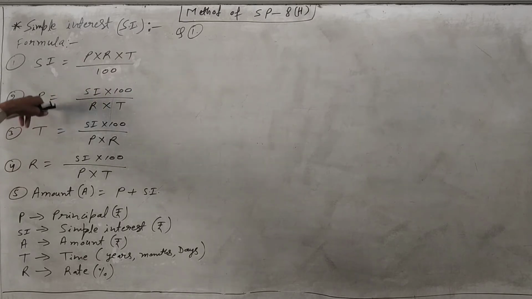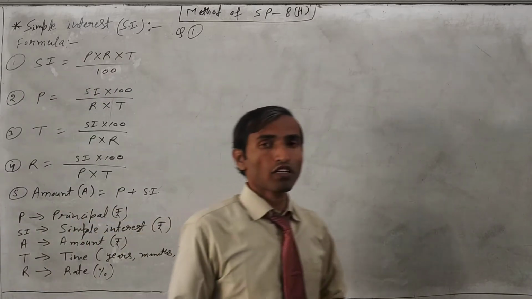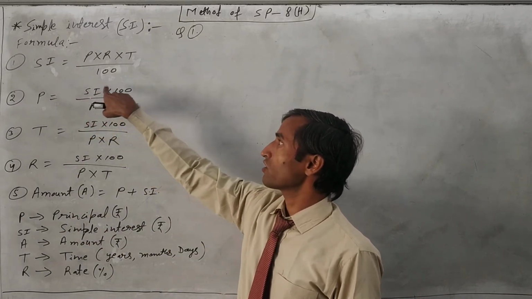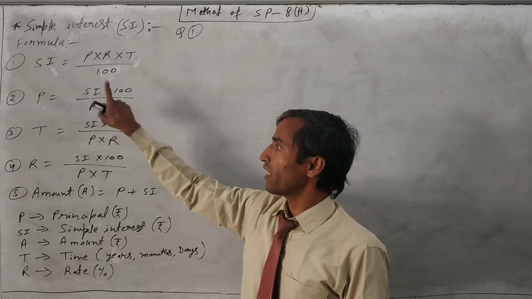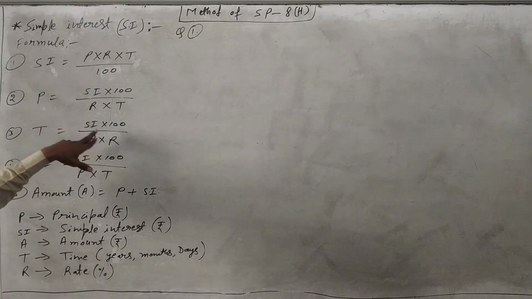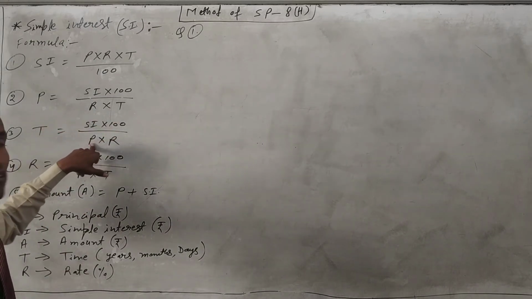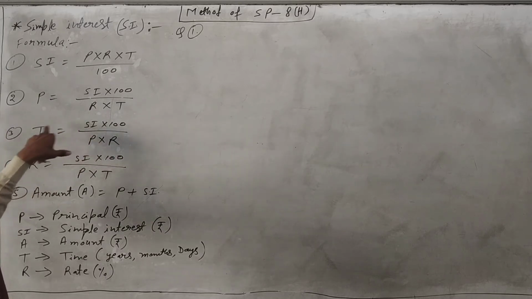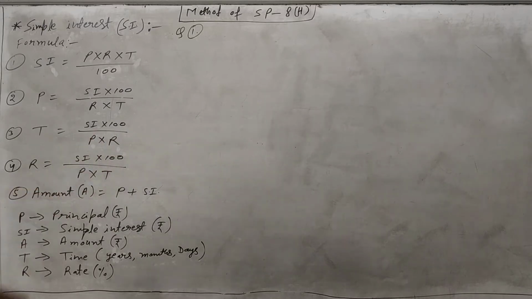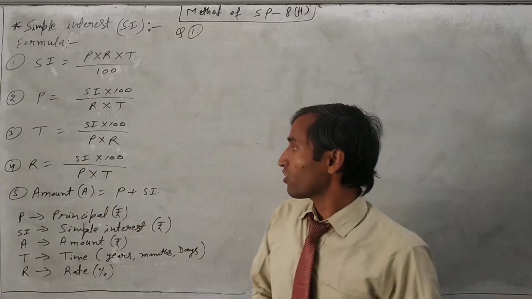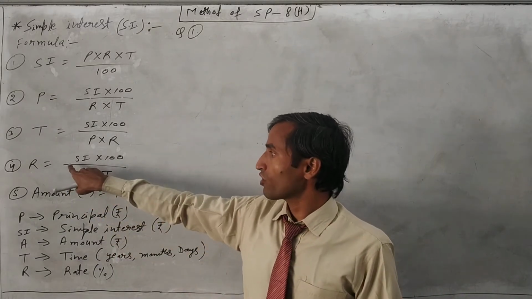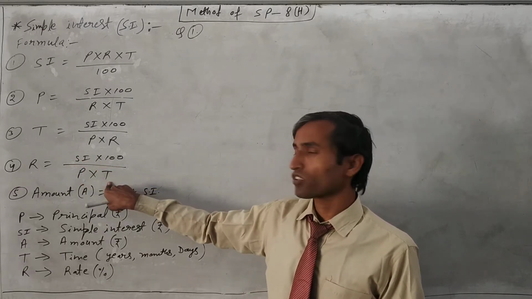For principal, if the question gives SI, time and rate, we will apply this formula: SI into 100 upon R into T. For time, if the question asks for time and the other three are given, that is SI, principal and rate, then time is equal to SI into 100 upon P into R. And sometimes we have to find rate, when SI, principal and time are given. Then we apply this formula: SI into 100 upon P into T.